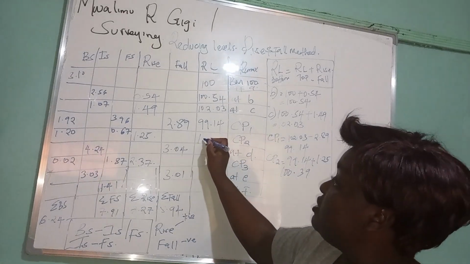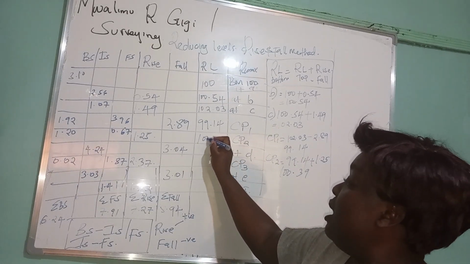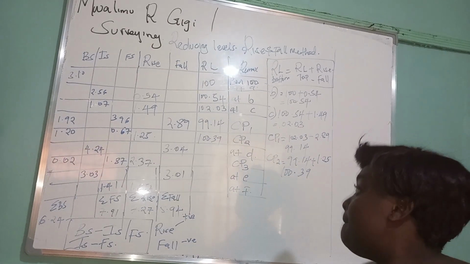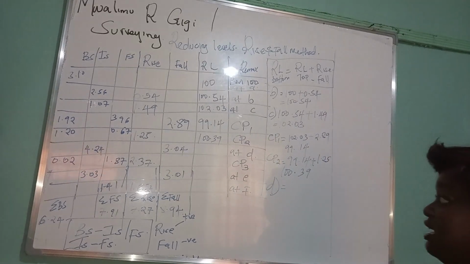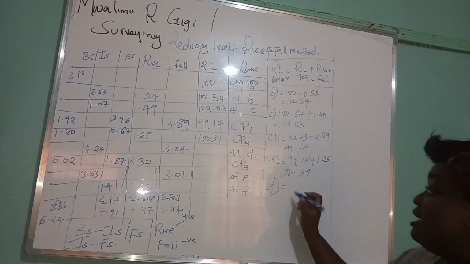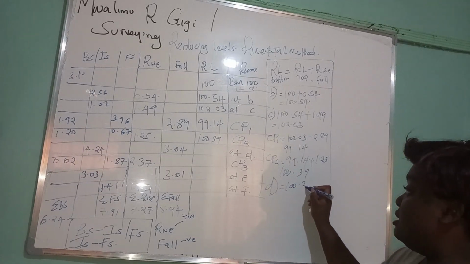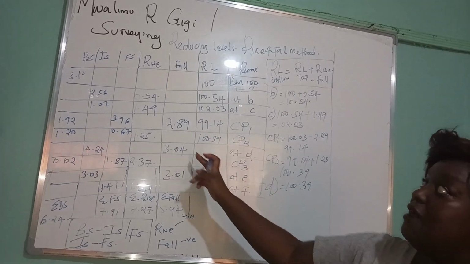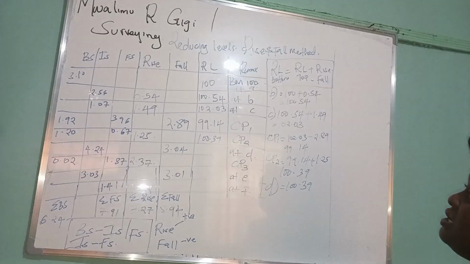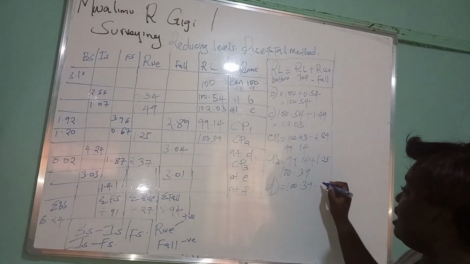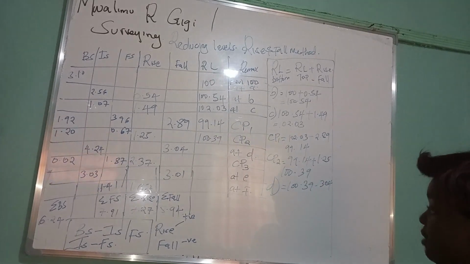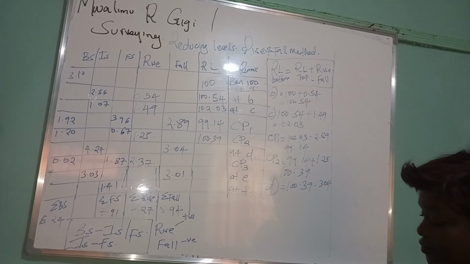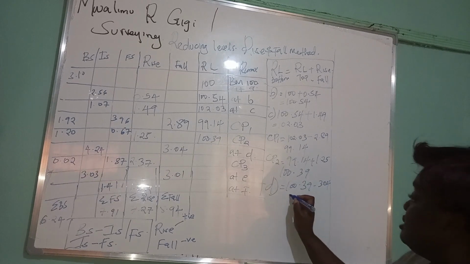So the reduced level at change point 2 is 100.39. At D, we have the reduced level at the top as 100.39. Then we have a fall of 3.04. So minus 3.04.